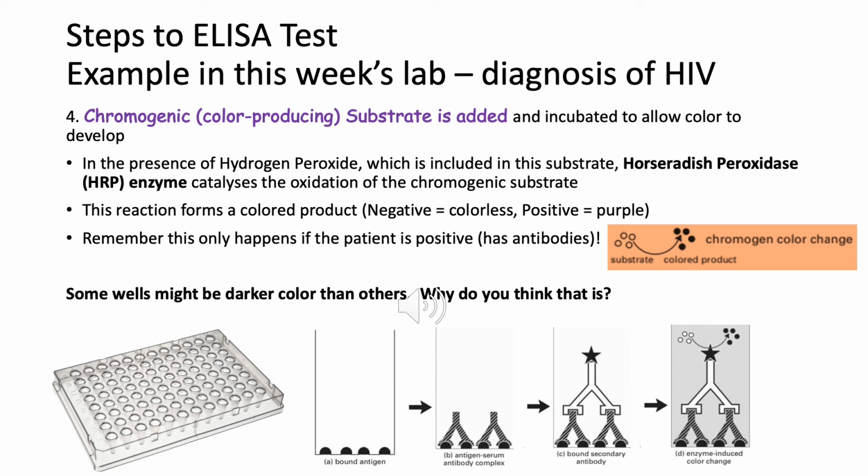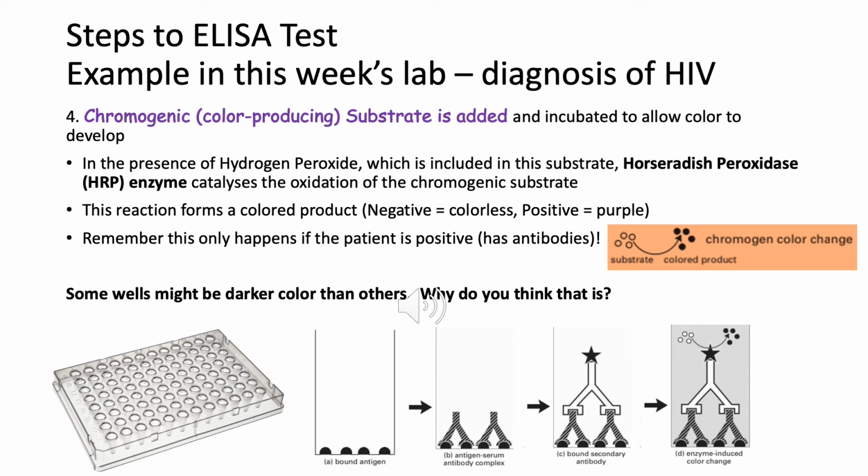So in the presence of hydrogen peroxide, which is included in this substrate, that horseradish peroxidase enzyme catalyzes the oxidation of the chromogenic substrate. And that reaction forms a colored product.